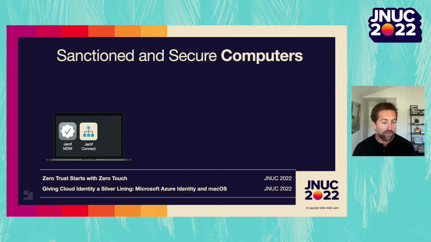Connect brings your identity provider to your Mac, which enables seamless onboarding from your identity provider of choice to automatically create local user accounts and keep that user's credentials and password in sync from that point forward between the Mac and the IDP. There's a lot to love about Connect, and I would highly recommend checking out these two sessions from this year's JNUC, as they really help to explain some of the great workflows you can unlock with Jamf Connect.